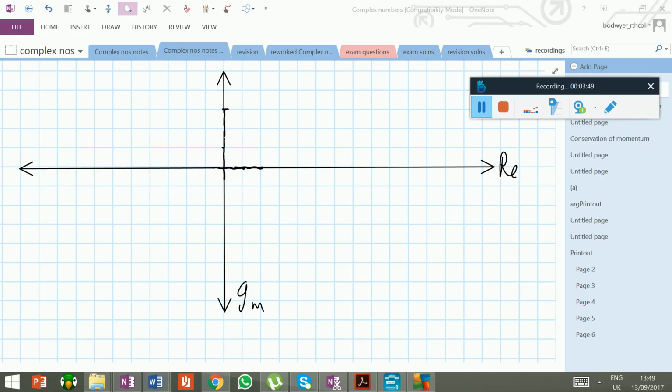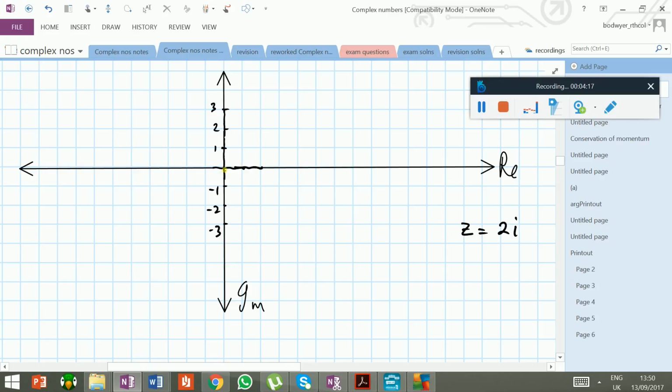So just a little bit further on representing complex numbers in the Argand diagram, I'm just going to show you a few further complex numbers and where you would put them on the actual diagram. Let's say we had z equals 2i. Now this is 1, 2, 3, and we have minus 1, minus 2, minus 3.